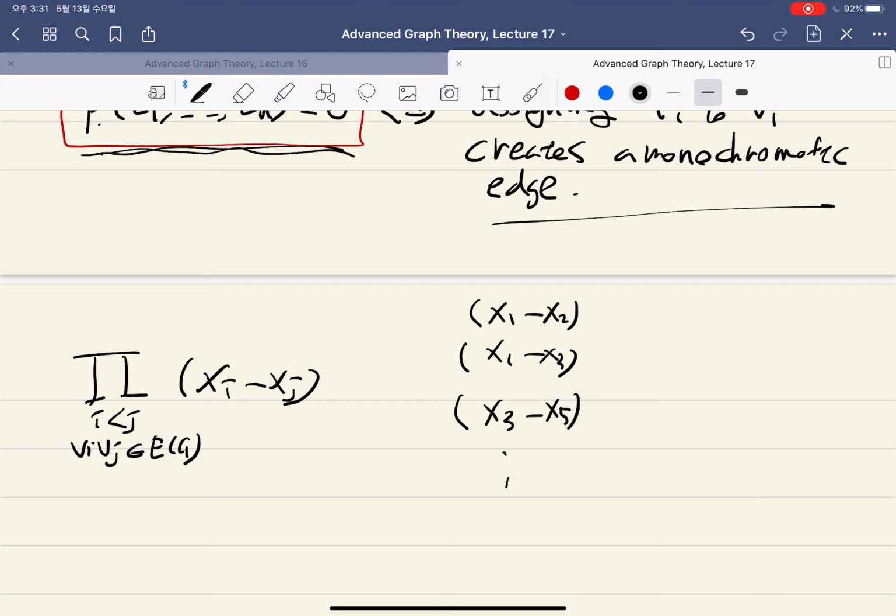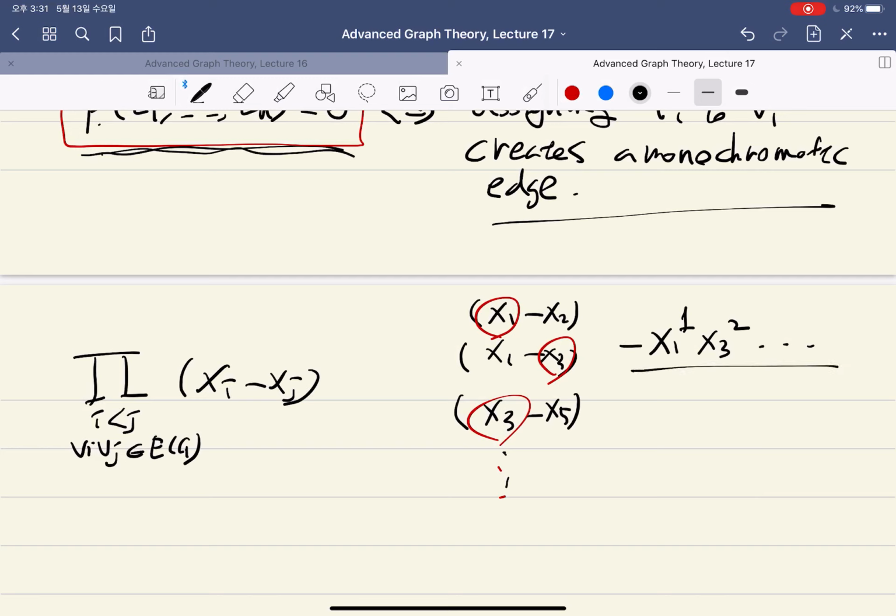If you expand everything, this gives you many terms, and each term can be formed by choosing one factor from each product. So let's say here we choose this, here we choose this, here we choose this, then we get x1 to the 1, x3 to the square, and so on, and it could have a plus 1 or minus 1.